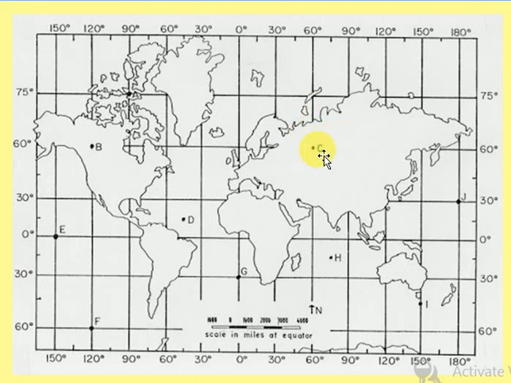This is how you can find the different locations of places using the grid system. But one very important thing you have to keep in your mind: follow the grids and check where they meet. That will be the exact location of the place.